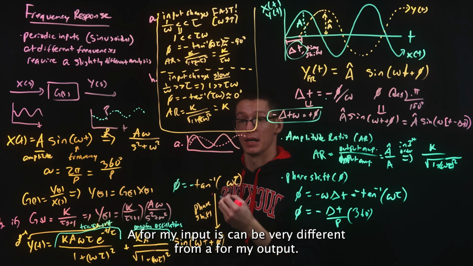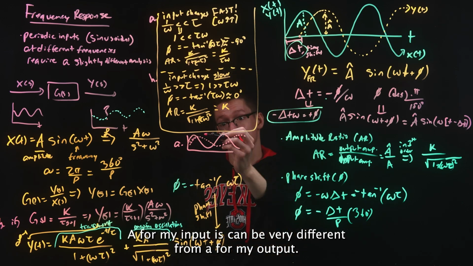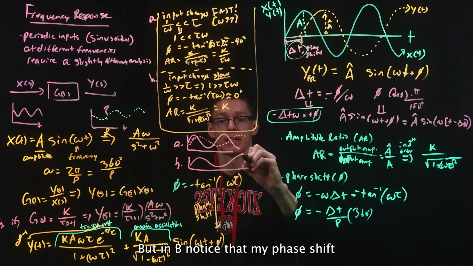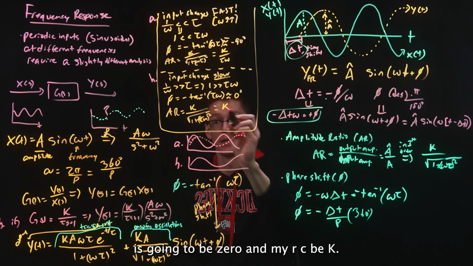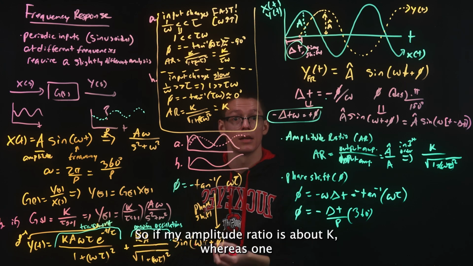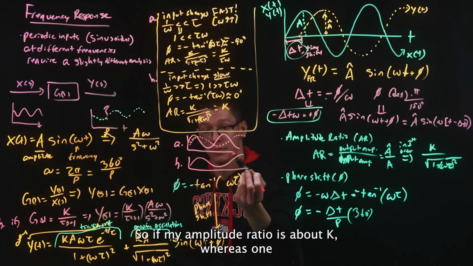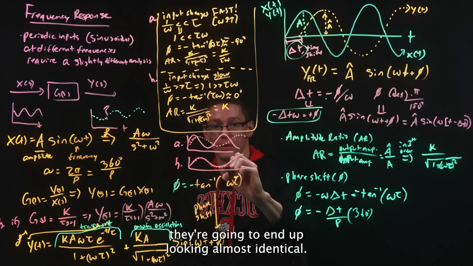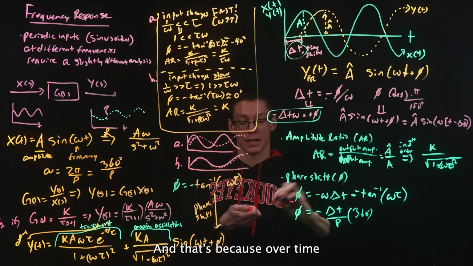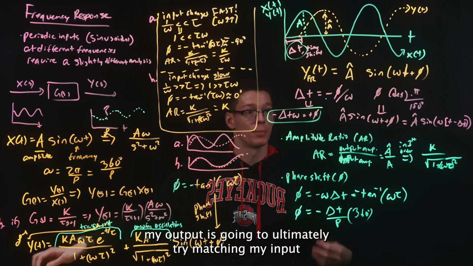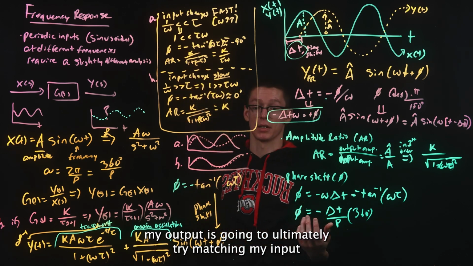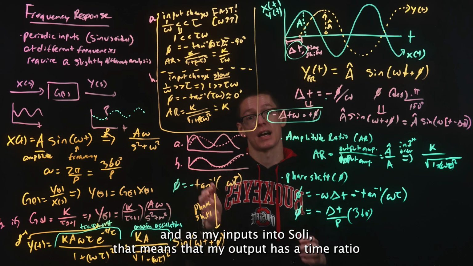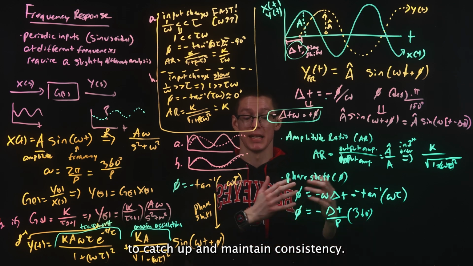A for my input is going to be very different from A for my output. But in B, notice that my phase shift is going to be 0 and my AR is going to be K. So if my amplitude ratio is about K, whereas 1, they're going to end up looking almost identical. And that's because over time, my output is going to ultimately try matching my input.